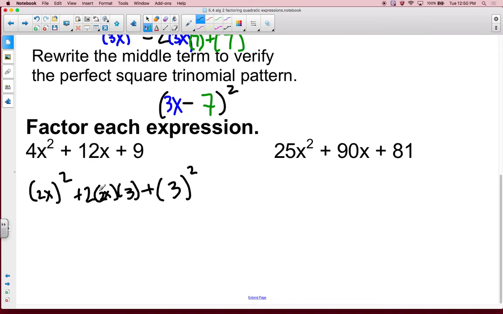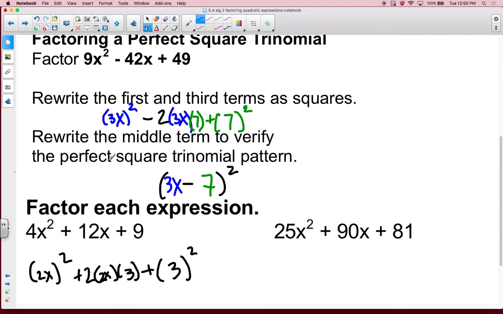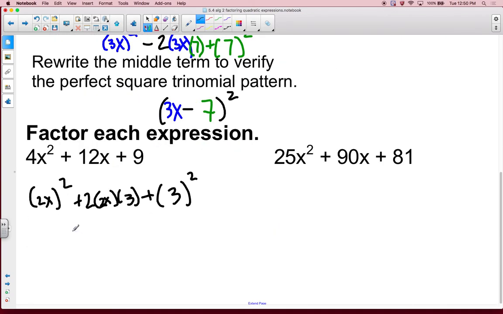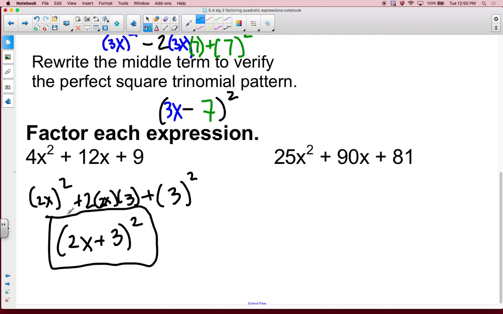So that is verified. We're going to use this first equation, so it will be a plus b squared. My a is 2x plus my b is 3, all squared. This is factored.